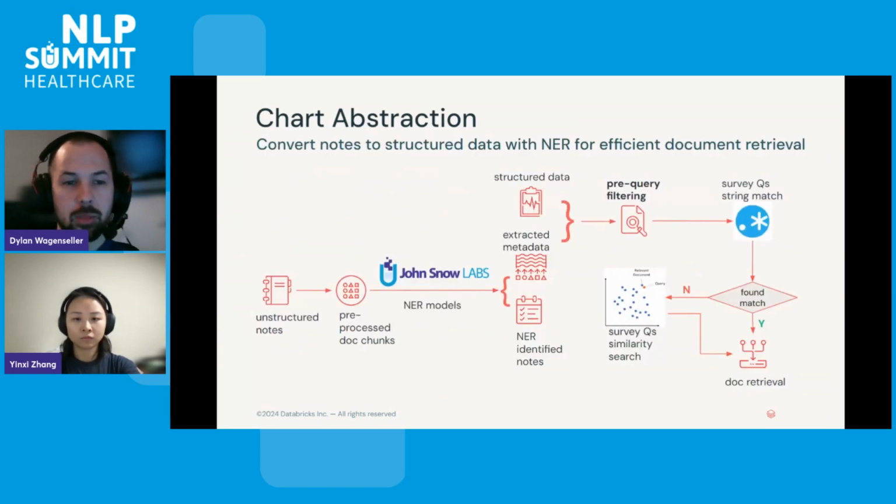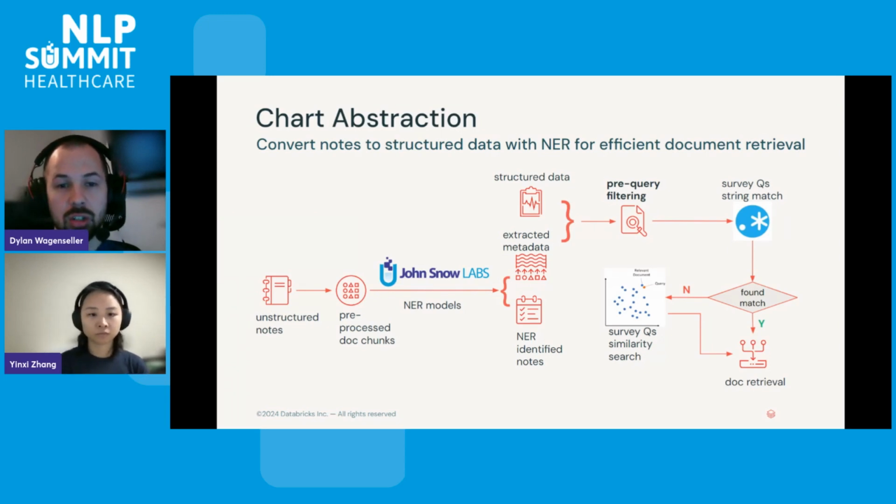Finally, this is how the process works. Similar to the de-identification, you start with an unstructured note. You then apply the John Snow Labs models to get metadata and structured information about that note. Then we strip out any data from that note that isn't otherwise needed.